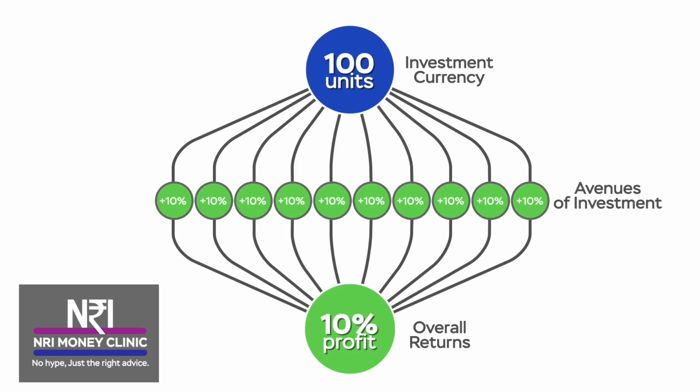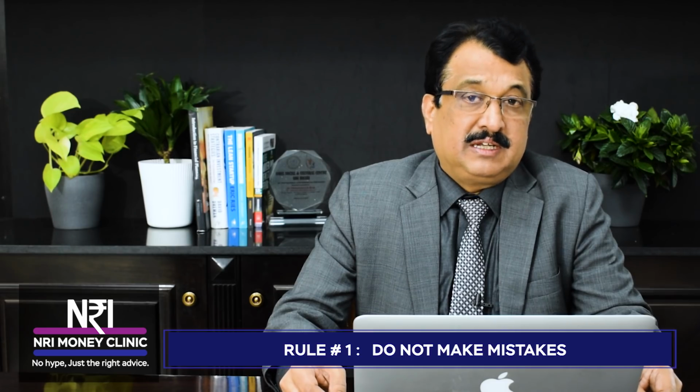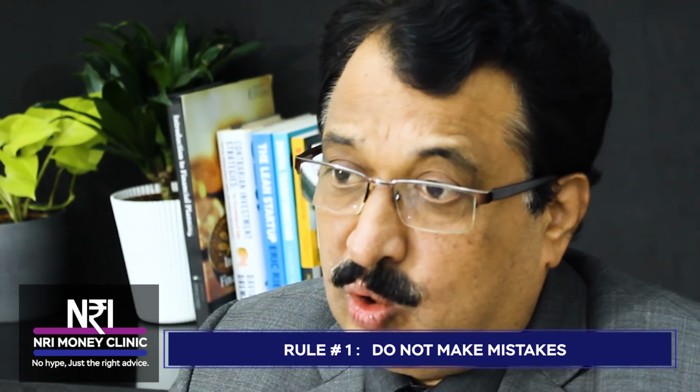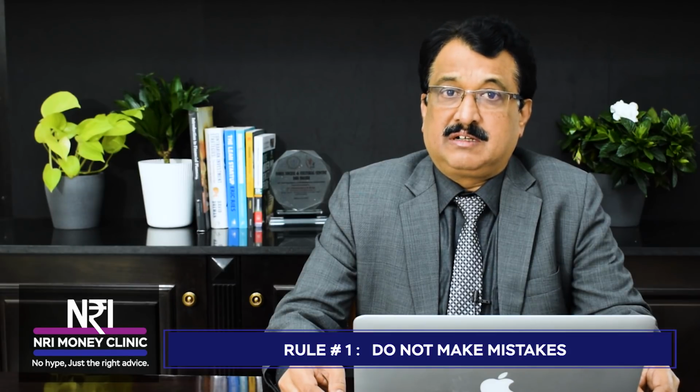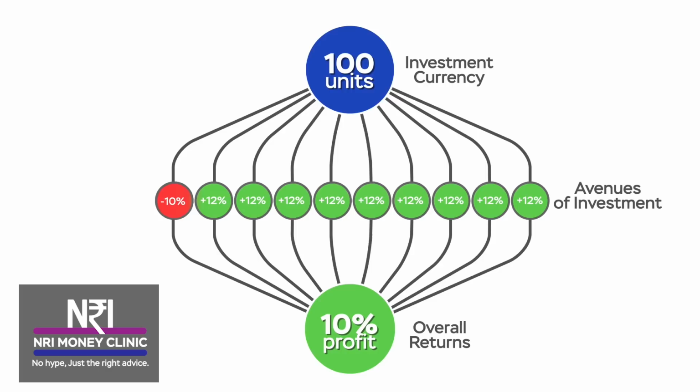Now let's imagine if one of the investments, instead of generating a 10% profit, generated a minus 10% return. What happens in that case? If your whole portfolio still has to generate a 10% return in aggregate, then the remaining 9 investment avenues where you have invested money should generate not 10% but 12% returns.